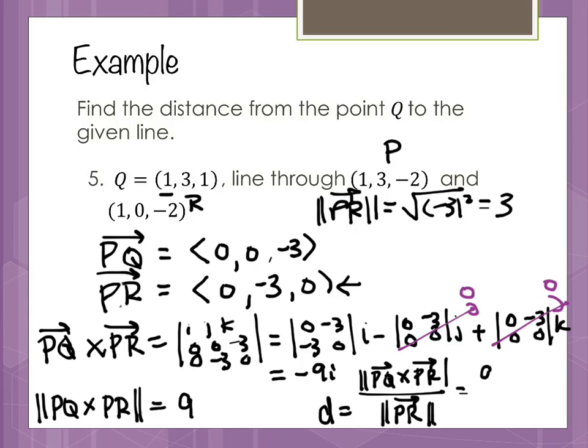So this is going to equal 9 over 3, or 3. So we end up getting the distance of 3 away from the point Q to the line that contains the points P and R, or to the line PR, you could say.